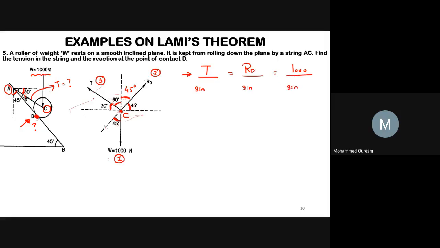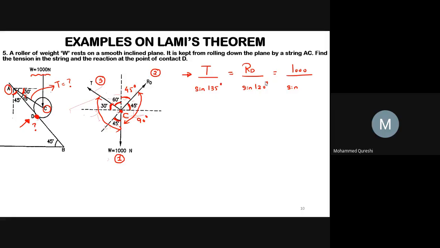For T force, the angle between the other two forces is 45 plus 90 degree, so it will be sine 135 degree. For RD force, the angle between the other two forces will be 30 degree plus 45 plus 45, so you will get sine 120 degree.